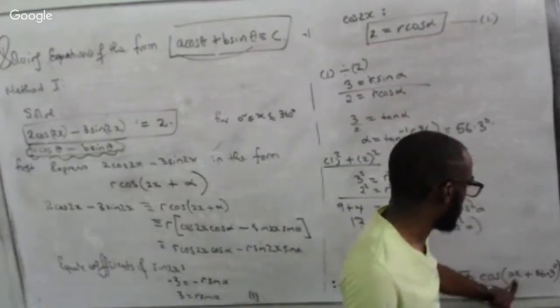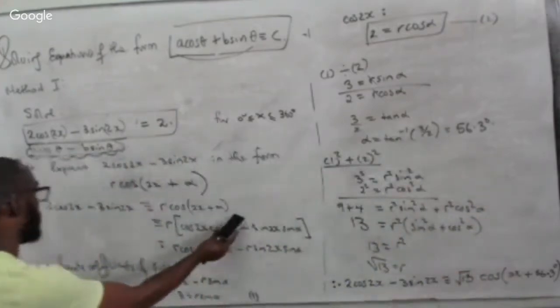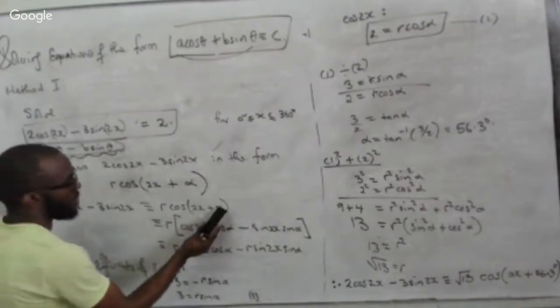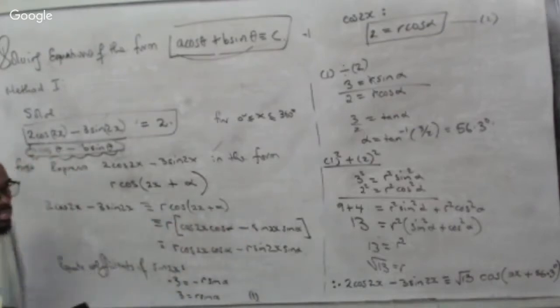Remember, they were starting off with this. So we are basically finding alpha and finding R. So they always tell you to express it in that form, or will they sometimes just write it down?